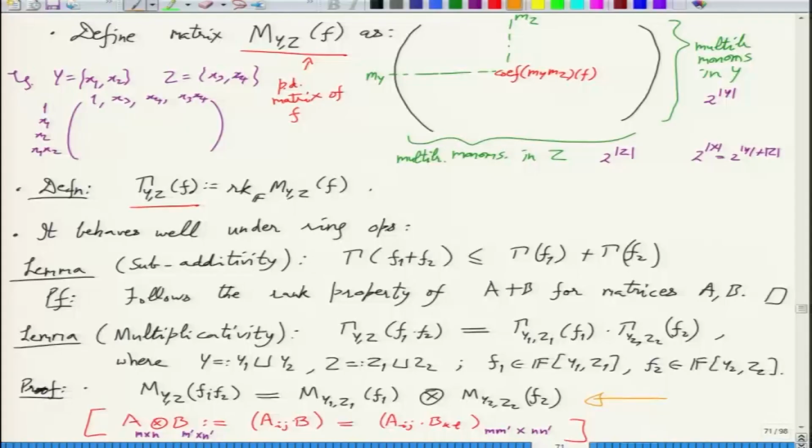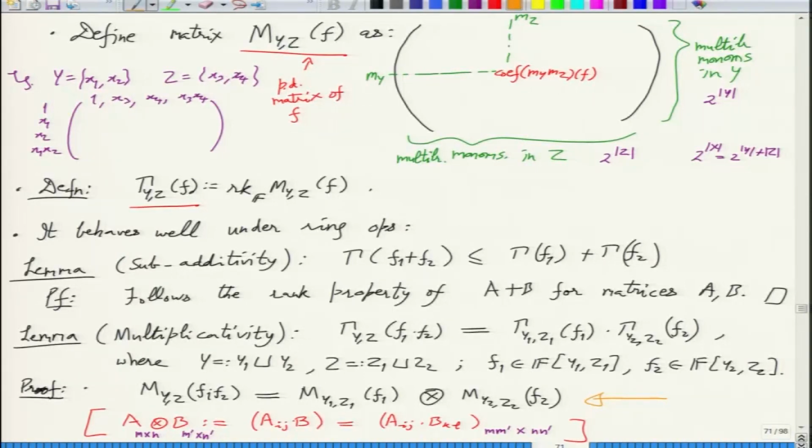But since everything is disjoint, this coefficient also appears then in M_Y,Z of F1 F2. And moreover, when you multiply F1 with F2, the polynomial multiplication doesn't involve convolution. You are just picking one coefficient of F1, one from F2, and the product is a final coefficient.